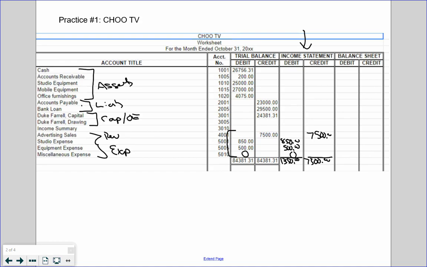For the balance sheet, so assets, liabilities, and capital, I'm just going to draw a line here so I can see. Credits get copied to the credit column, so 23,000, 29,500, 24,381. And then assets get copied over to the debit column.